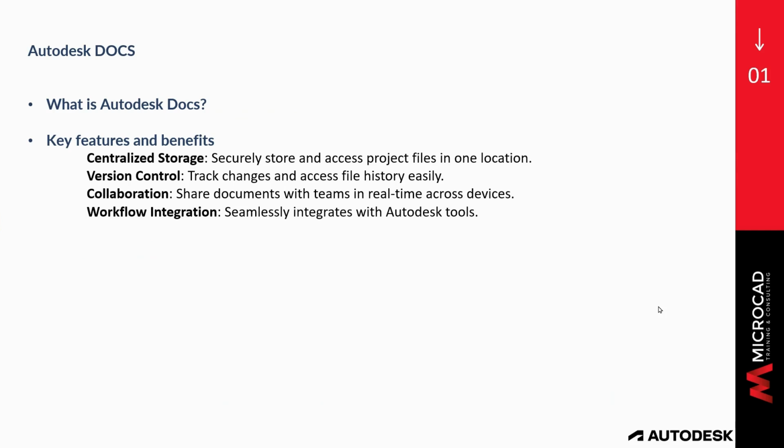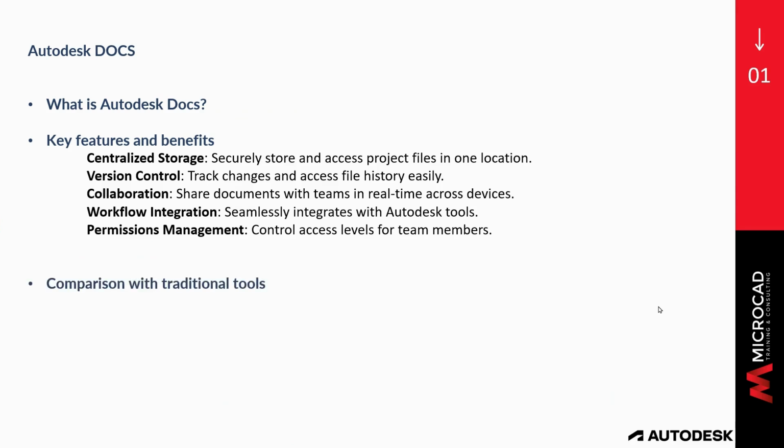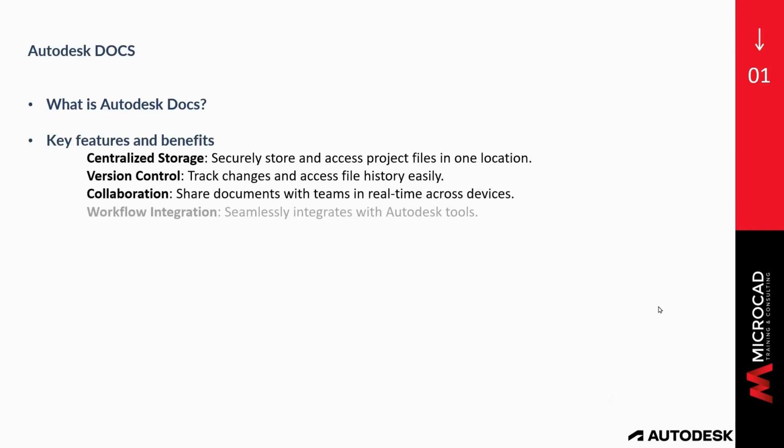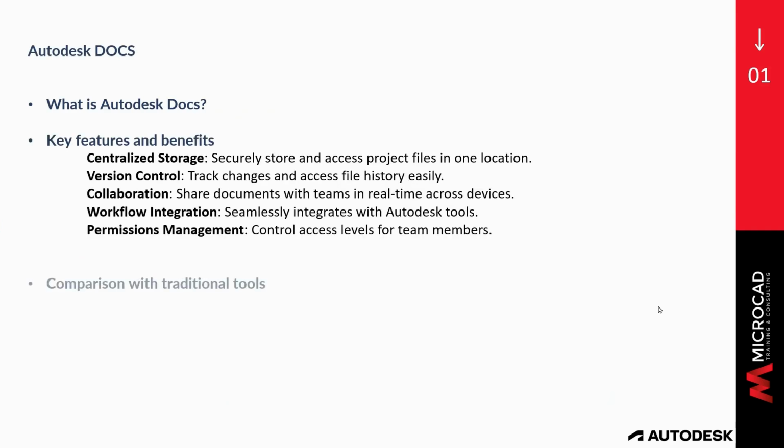We are working with third parties, and it's going to be hard to track version control. We are not going to be able to collaborate with users. We are not going to have a specific workflow. And at the end, we are going to have some issues with permissions. We want to make sure that all our users are going to have access to the files that we want.